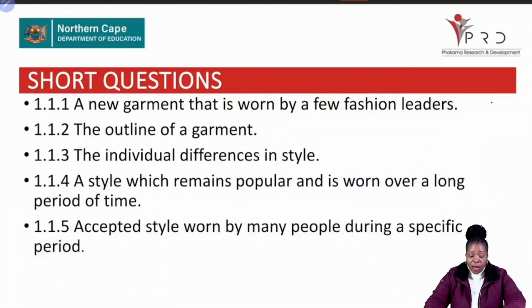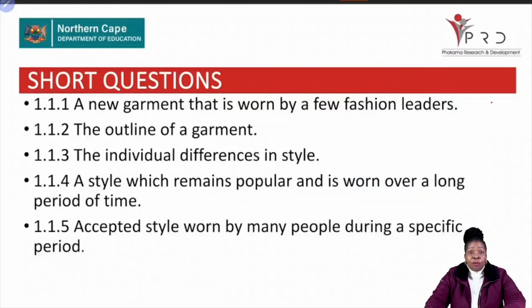So 1.1.1 reads, a new garment that is worn by a few fashion leaders. So we are supposed to look for one fashion term that describes a garment that is worn by a few fashion leaders. And 1.1.2 reads the outline of a garment. 1.1.3, the individual's difference in style.